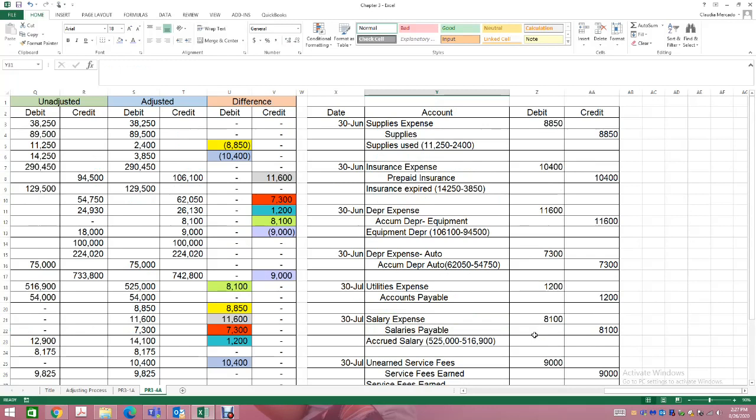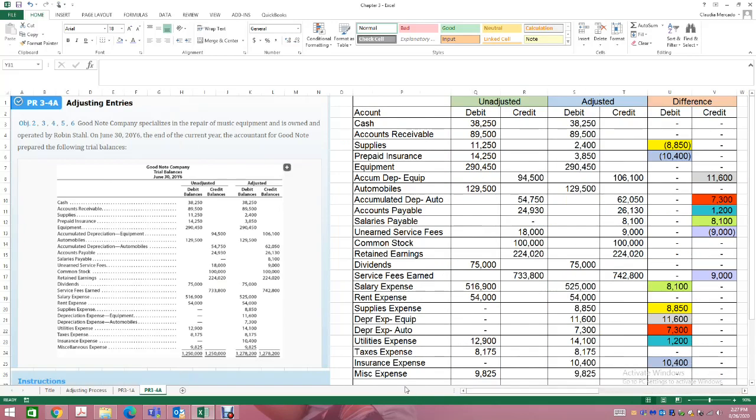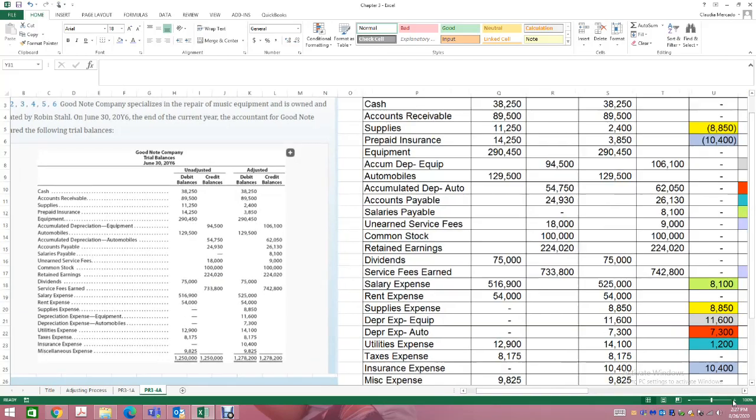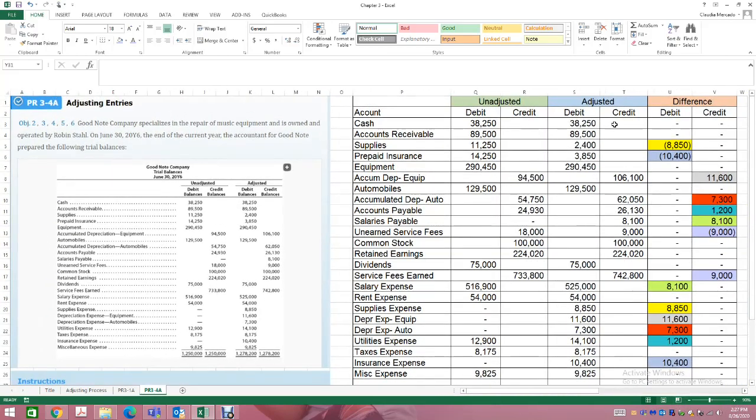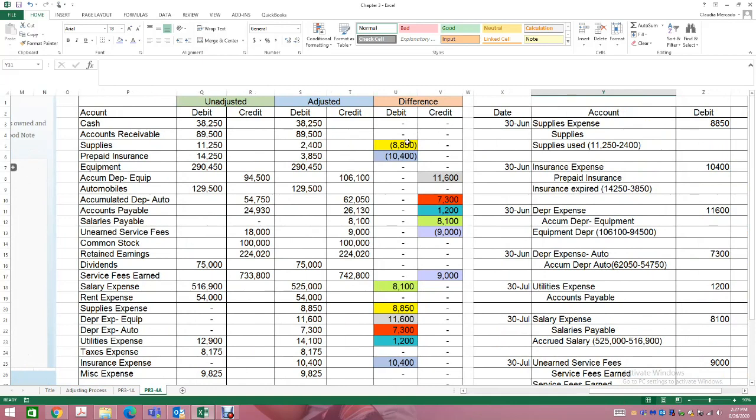Now remember, all I did was obtain the information from the problem and put it in Excel to make it easier for me to see and understand. Then I recreated it with the information they had here to make my calculations easier and figure out the balance between the unadjusted and the adjusted trial balance. So basically, this is the problem.